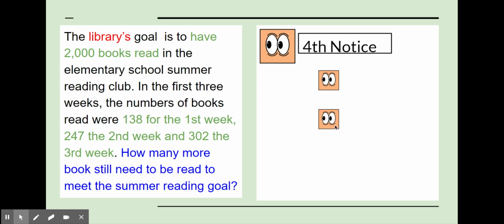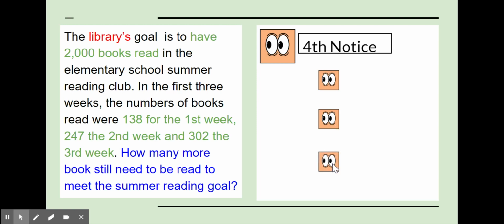And our second look is where we drew our models, and we had to draw 2 models, one being part whole, so we had to add 138 plus 247 and 302 to get how many books have already been read. And then we had to draw a model of a whole part to show the difference between the number of books we've already read and how many more in our goal, to determine how many more books we need to read to reach our goal.